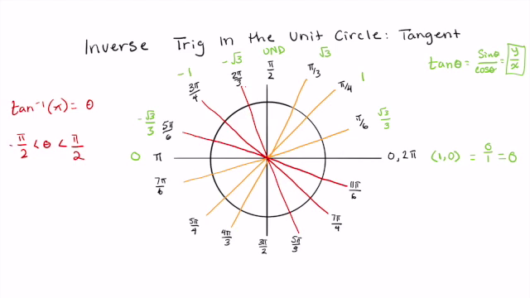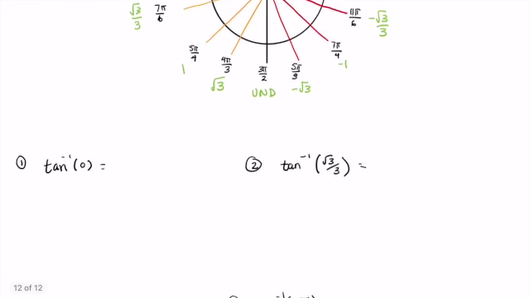So again, thinking through All Students Take Calculus, in quadrant 3, everything is now positive again, and we just start building that same pattern back up, and then we get undefined down there at 3 pi over 2, and then that pattern decreases once more. And there you go. Those are your values of tangent at those given radian measures. And so now I want to use this to look at a few examples.